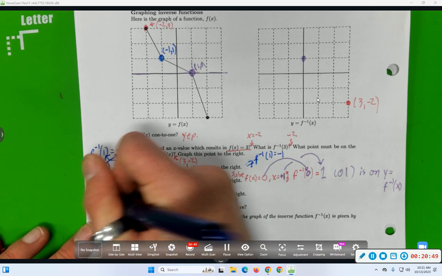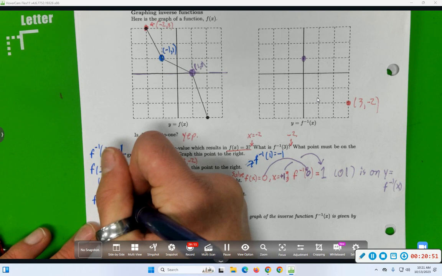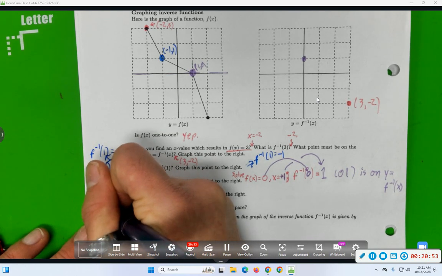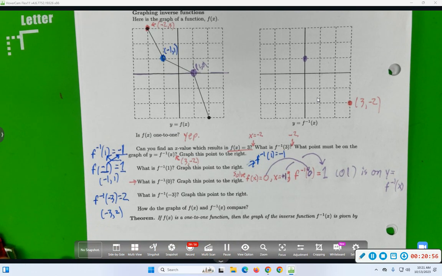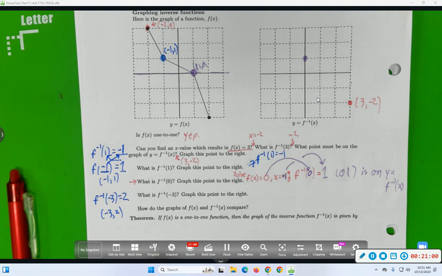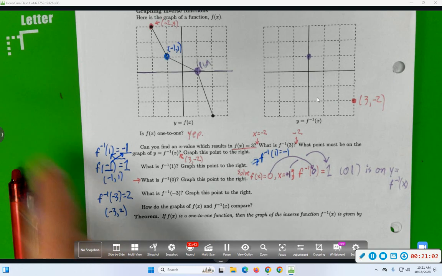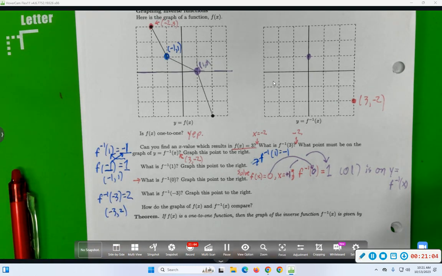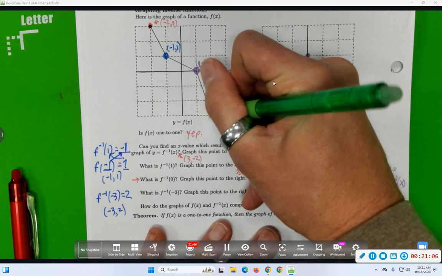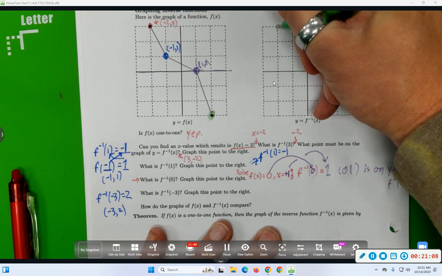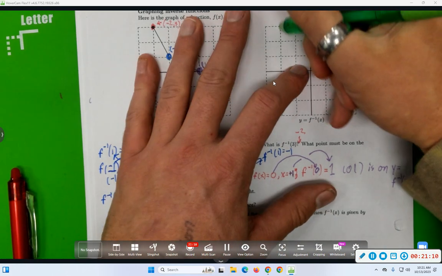Yeah, f inverse of negative 3 is 2, so (negative 3, 2) is on the graph. Nice. So (negative 3, 2) is on the graph, and I want to respect some sort of color coding: (negative 3, 2).